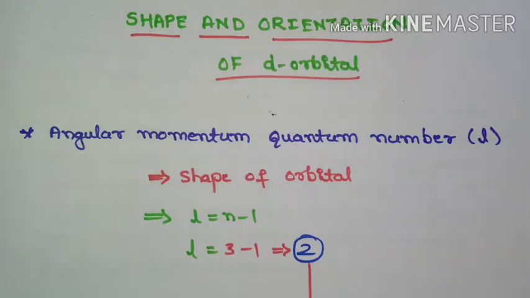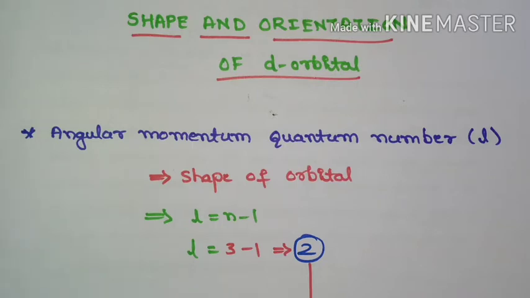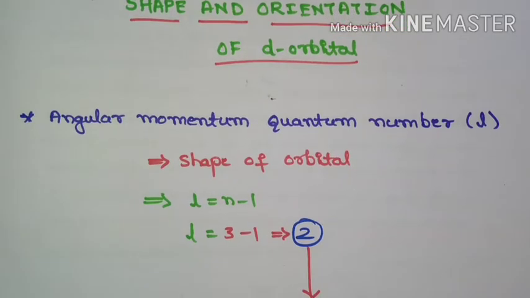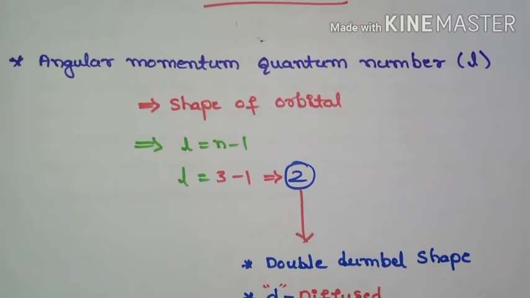Hello students, today I am going to discuss shape and orientation of d orbitals. From the angular momentum quantum number L, we can determine the shape of the orbital. For a d orbital, L is equal to 2.